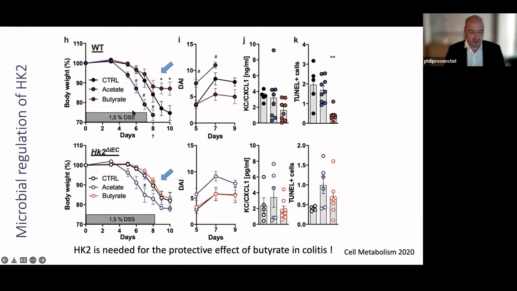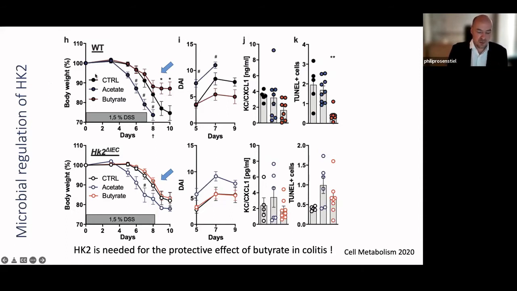What you see here is one of the classical models that we have, the induction by a chemical irritant called dextran sodium sulfate. This basically eradicates the epithelium and causes a strong inflammatory response. If you then give butyrate under such conditions, body weight is reminiscent of the inflammatory response, meaning the faster you lose body weight, the more inflammation there is.